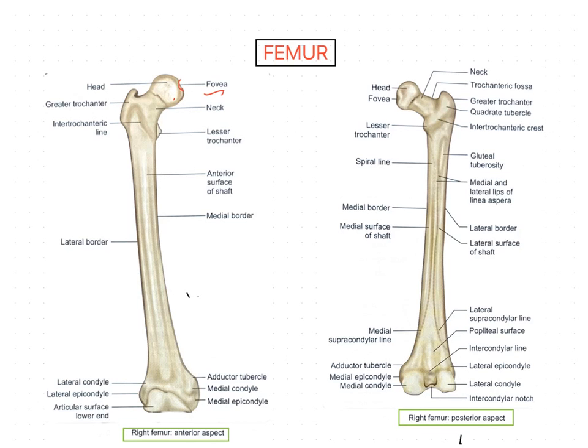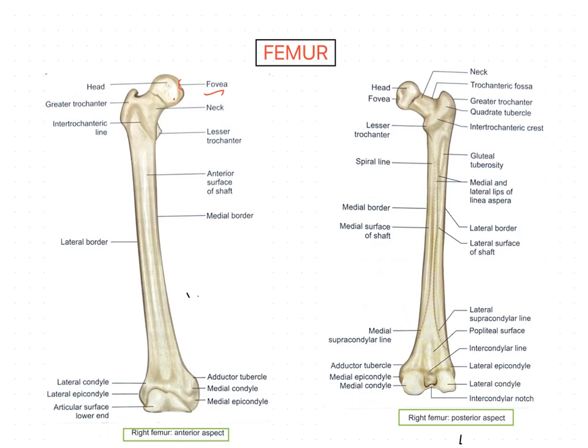Now we will see the neck. The neck is about 3.7 centimeters long. It connects the head with the shaft, and the neck has two borders and two surfaces.